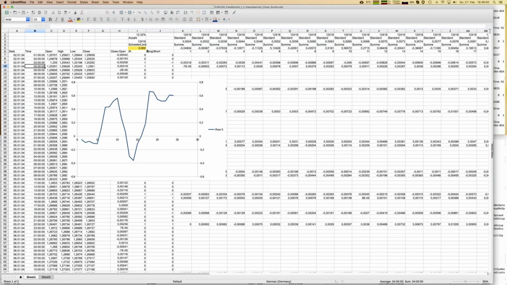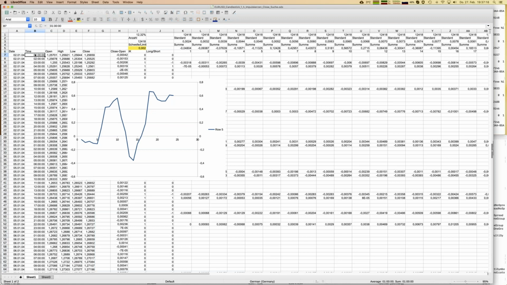And just so that you know what you see here, I will not go into all the details, but you can if you like. Starting with the first couple of columns here, it is just historical price data. I have downloaded those at Dukascopy, and in this case it's H1 data.